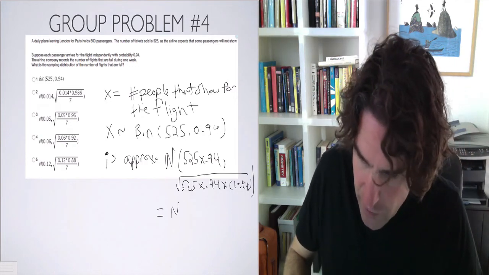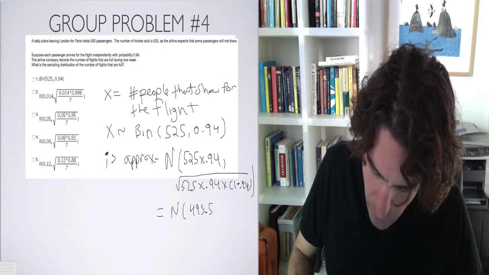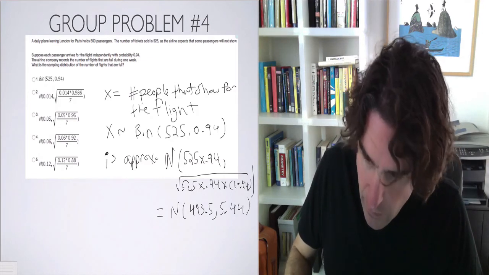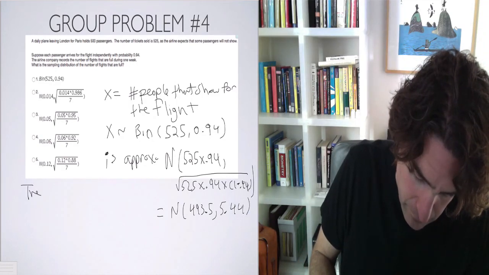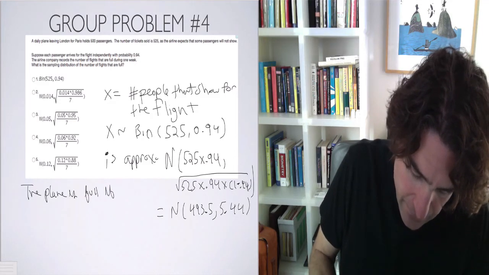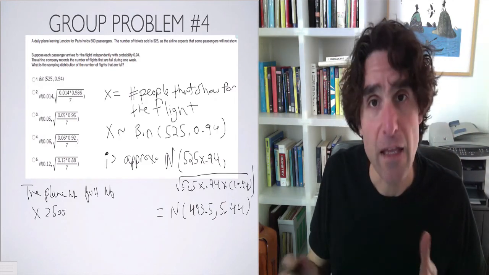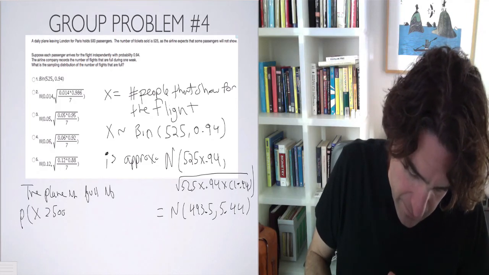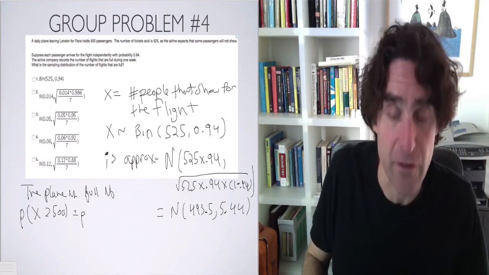And that's the same as a normal distribution with mean 493.5 and standard deviation 5.44. So the plane is full if X is greater than 500. And the probability that the plane is full is just the probability of this event. You can calculate this probability by standardizing.